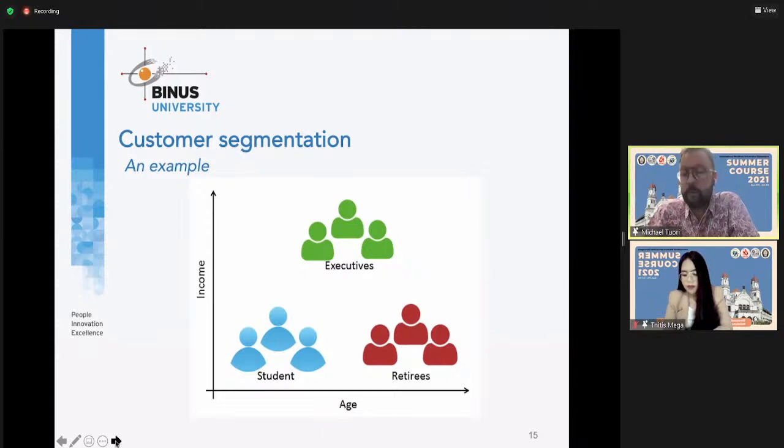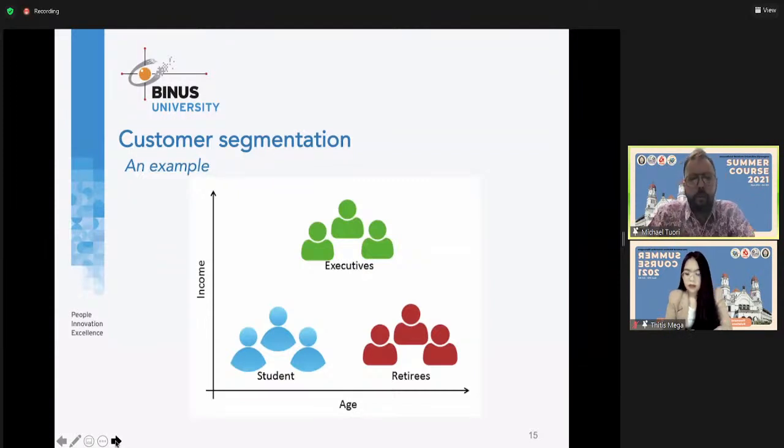For instance, you're a food and beverage company. If you're targeting students, your competitors might be coffee shops and might be McDonald's. But if you're targeting executives, your competitors are going to be high-end dining, steakhouses, things like that.